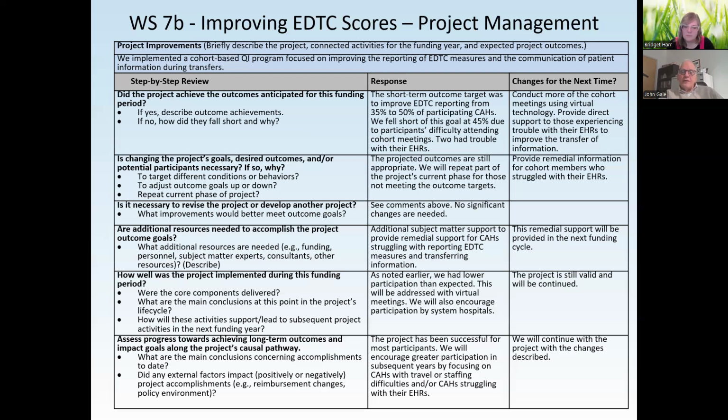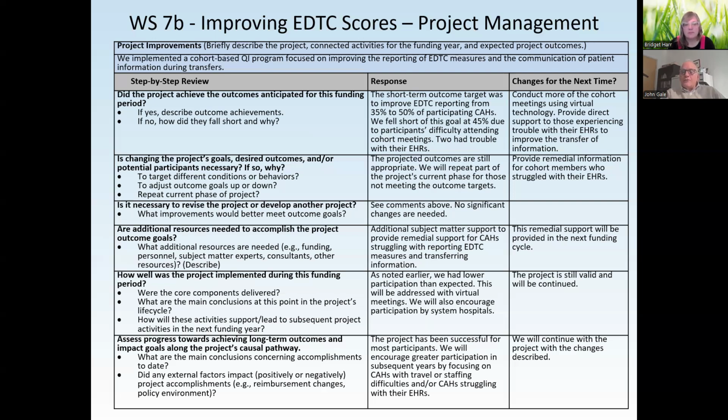And finally, assessing project towards long-term outcomes. You're showing improved, in this case, in the shorter run, improved performance on implementing measures and then looking at whether or not there have been changes at the end of the year in terms of the outcome measures that are relevant to that year. In this case, it's how many are implementing project activities or to improve EDTC.